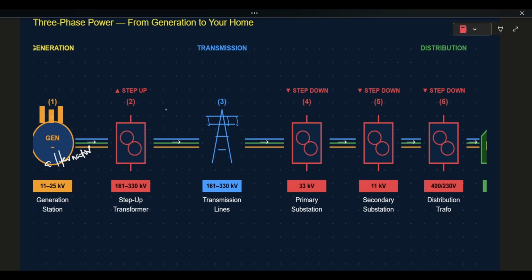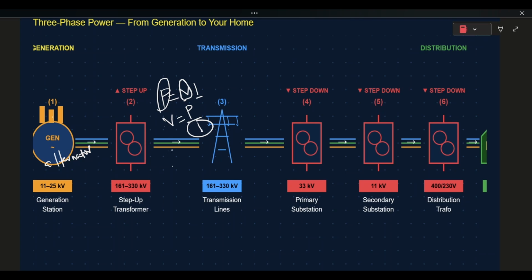Now remember that power is equal to VI. So in transferring a given amount of power, increasing the voltage means decreasing the current. So that is to say that V is equal to P over I. So increasing the voltage means decreasing the current. And current here is what increases the copper losses. So simply, in order to reduce the losses in transmission, voltage is stepped up.